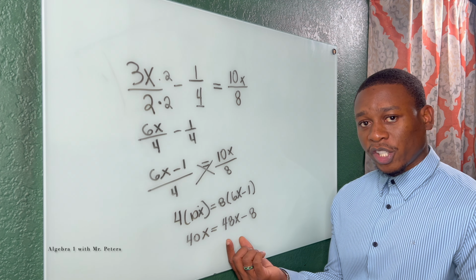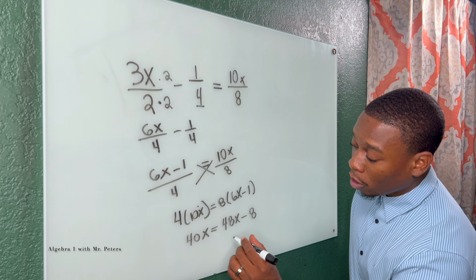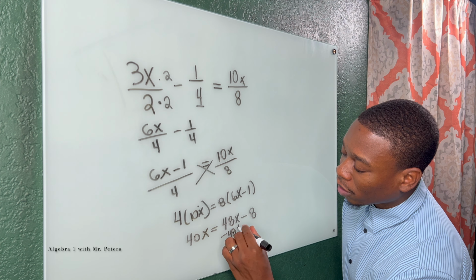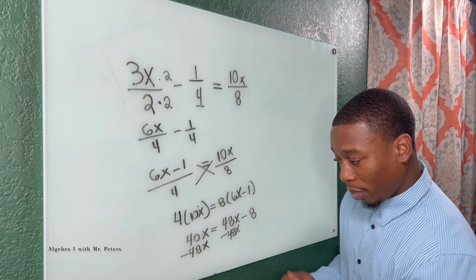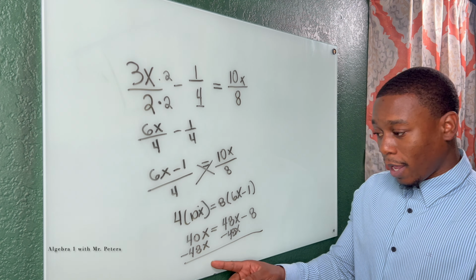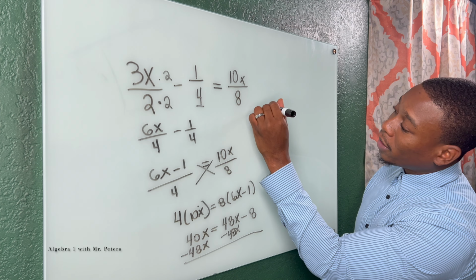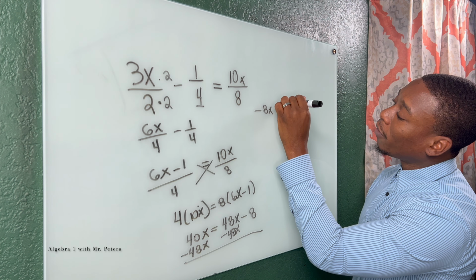Now, to solve this equation, this is just a linear equation, so it's different from the first one, which was quadratic. We're going to subtract 48x so that our constant and variable are on opposite sides. So what I have now is negative 8x is equal to negative 8.